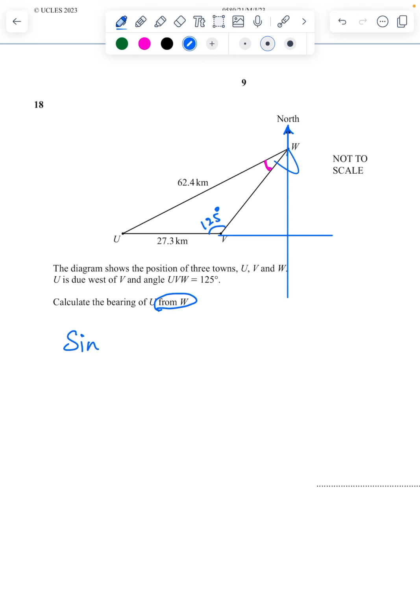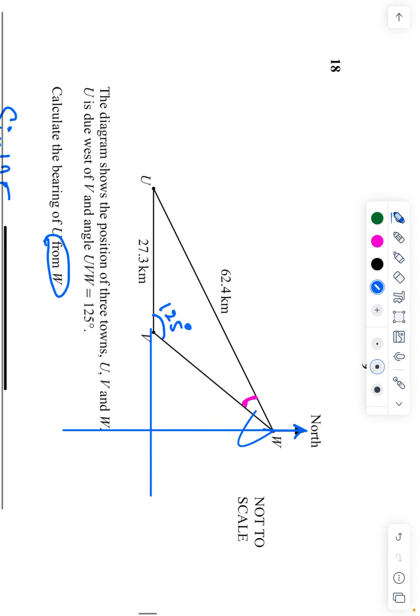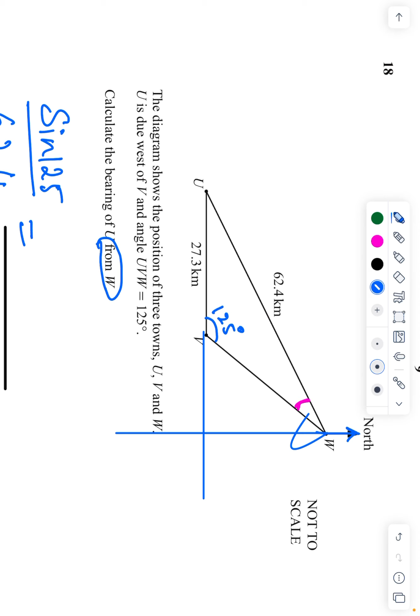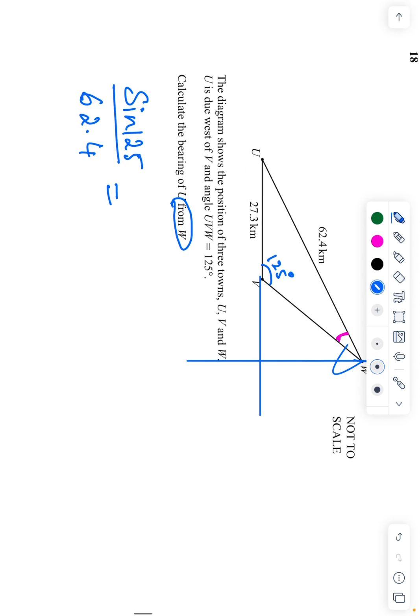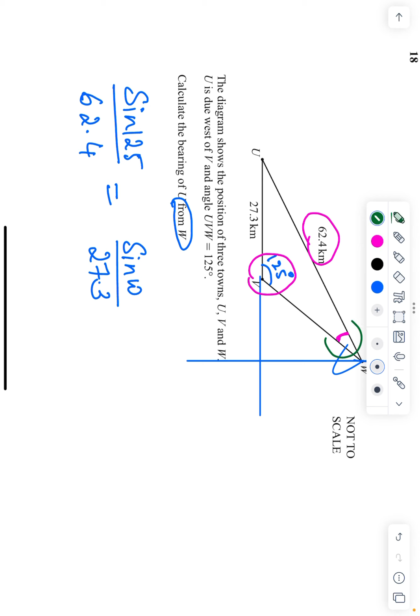So sine 125 over 62.4 is equal to sine W over 27.3. I believe you remember the matching pair. So we can use sine.